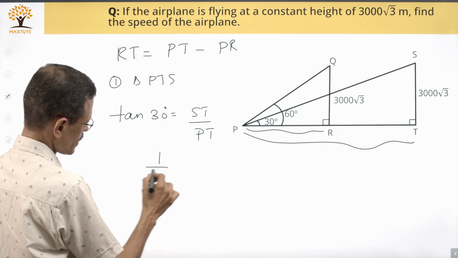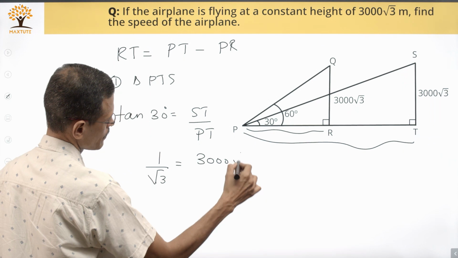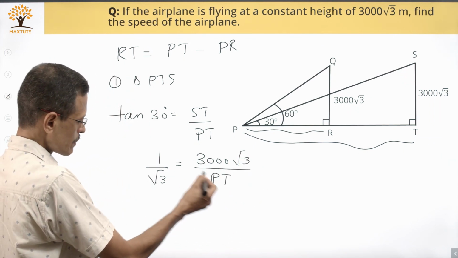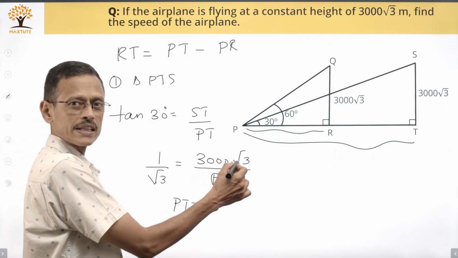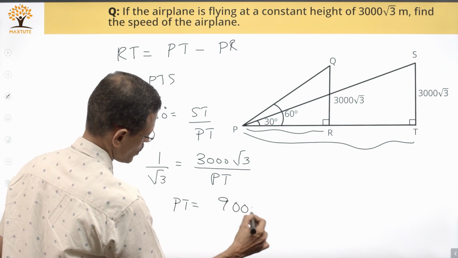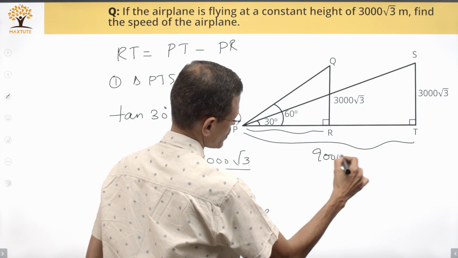Tan 30 is 1 upon root 3. This is equal to ST, which is 3000 root 3, divided by PT. Cross multiply, so PT will be equal to 3000 root 3 times root 3, which is 3000 into 3, which is equal to 9000 meters. So we computed the measure of PT, which is 9000 meters.